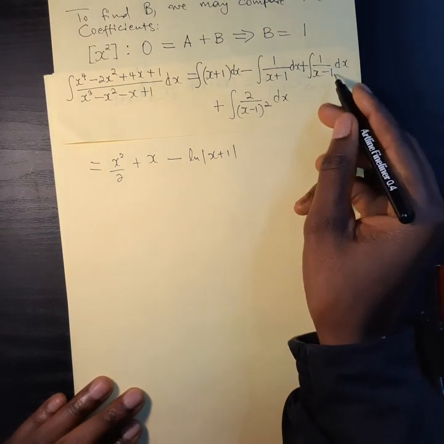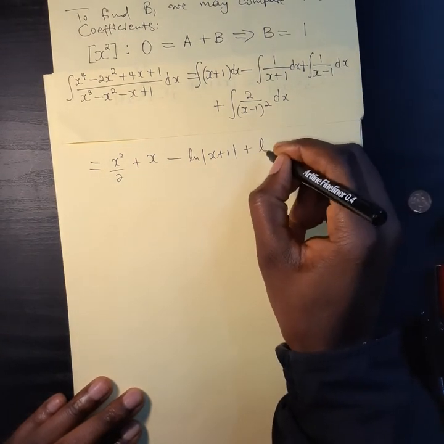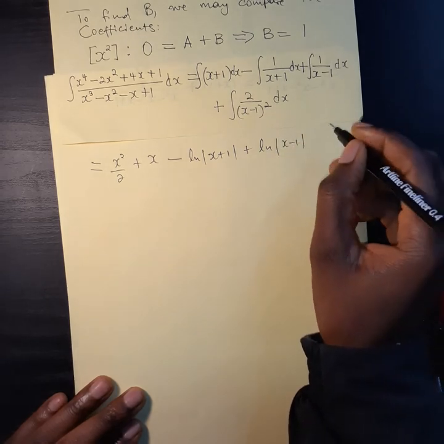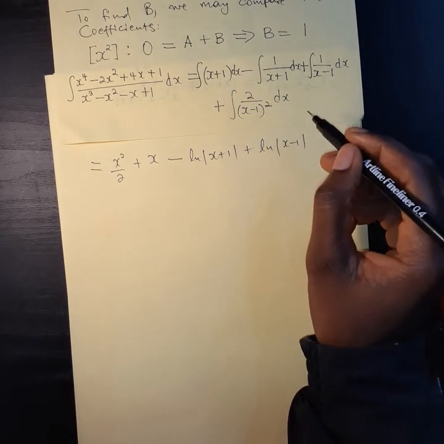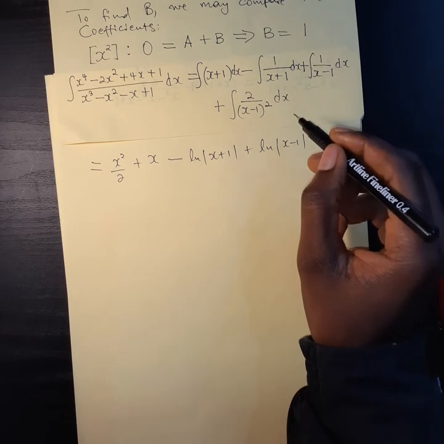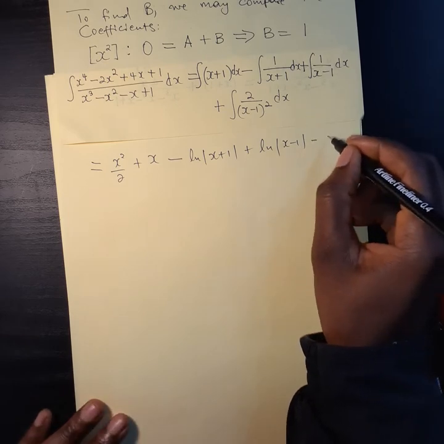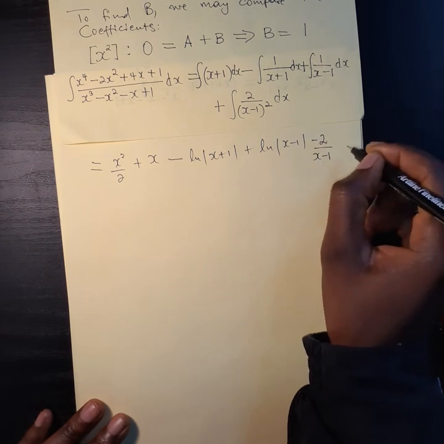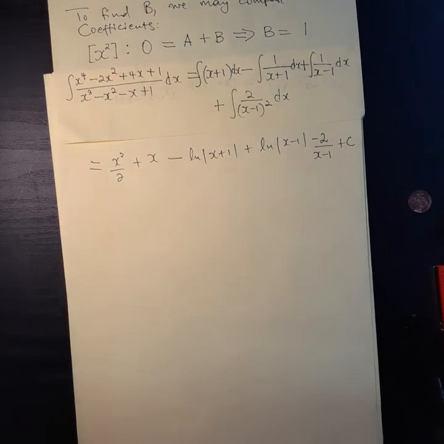Integral of 1 over x minus 1 is the ln of x minus 1. The integral of 2 over x minus 1 all squared will be minus 2 over x minus 1 plus c. You may check that one.